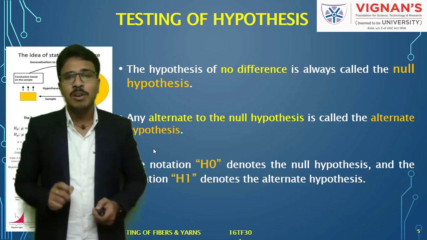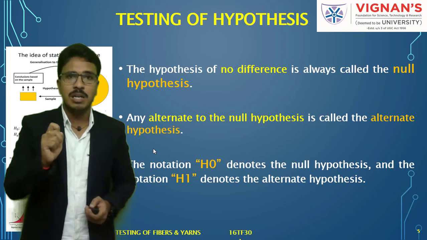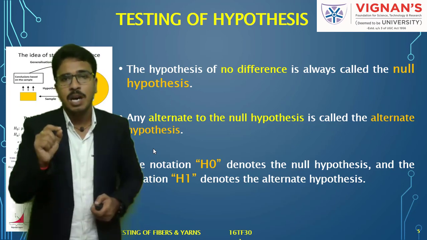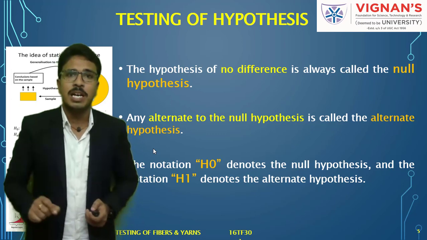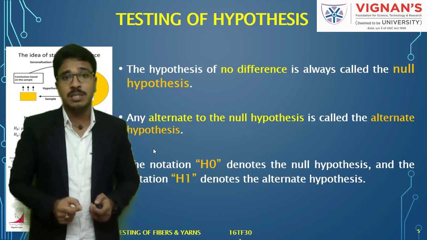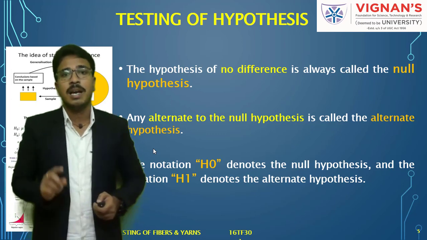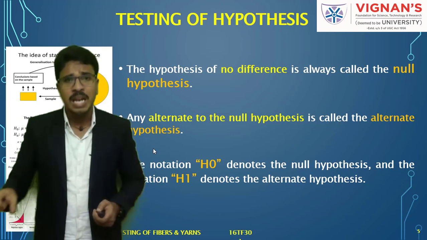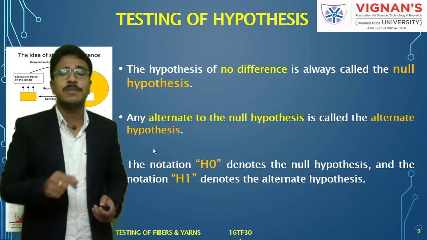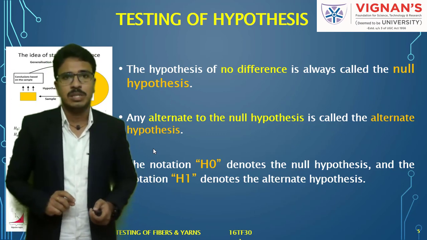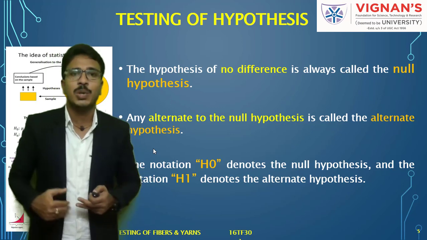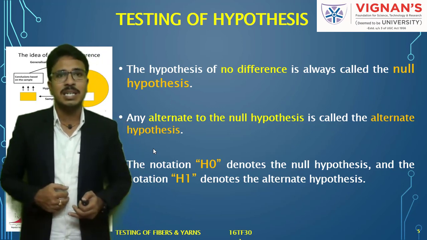So here also, the notation for the null hypothesis is H0 and for the alternative hypothesis it is H1. We have to set the hypothesis before we start this significance testing.